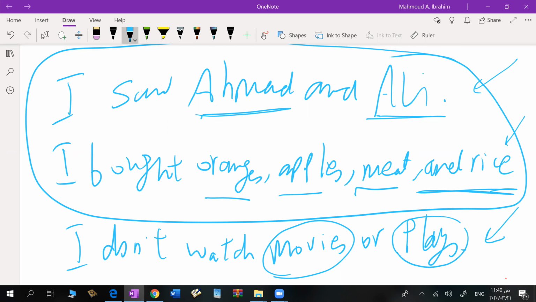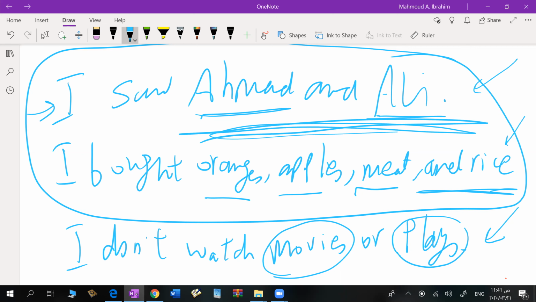Before we talk about clauses, I would like to talk about the correct usage of and, or in these structures. In the first example, you have only two phrases, correct? Is there a comma here? I would like you to pay extreme attention to commas. One thing very important that we need to master is the usage of commas. Do you see a comma in the first example? I saw Ahmed and Ali.